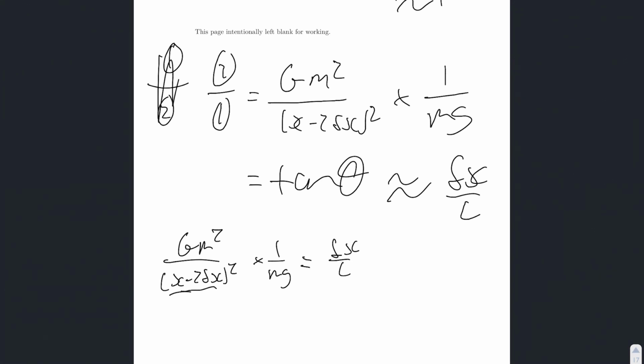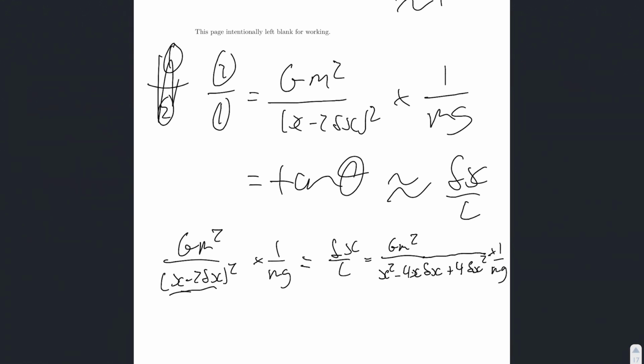So expanding this denominator, we have G m squared over x squared minus 4x delta x plus 4 delta x squared, times 1 over mg.